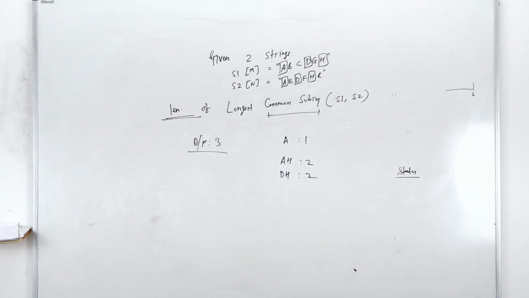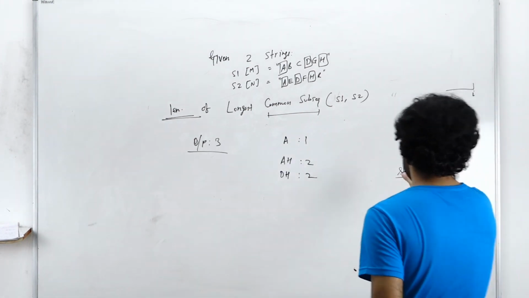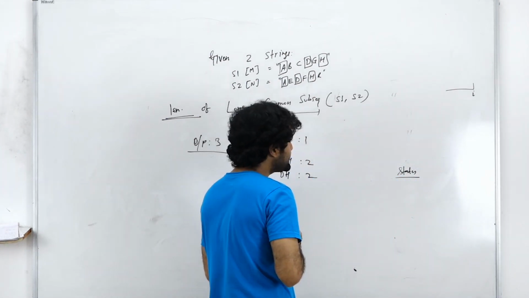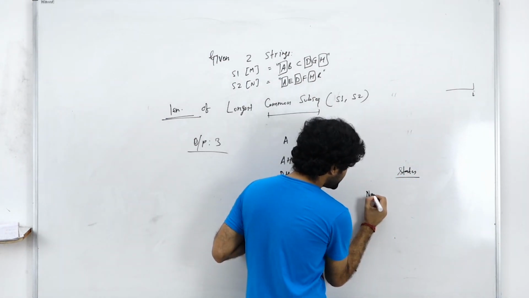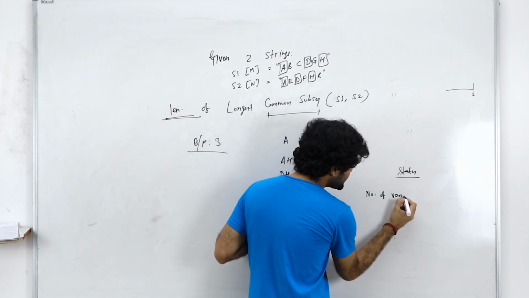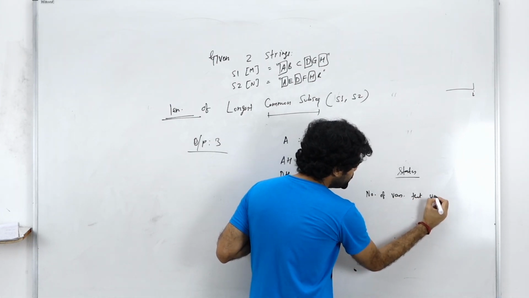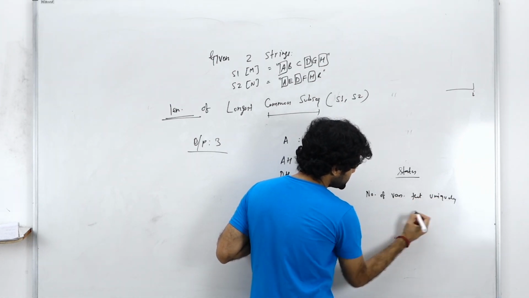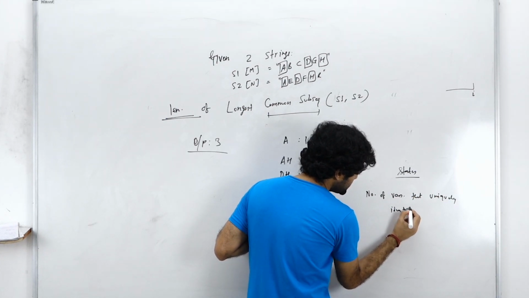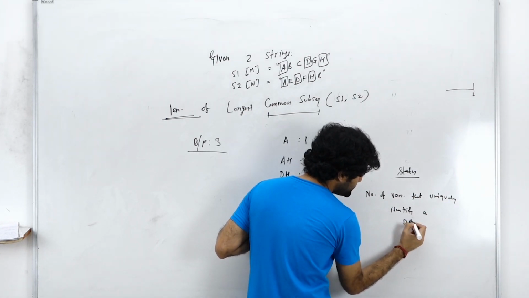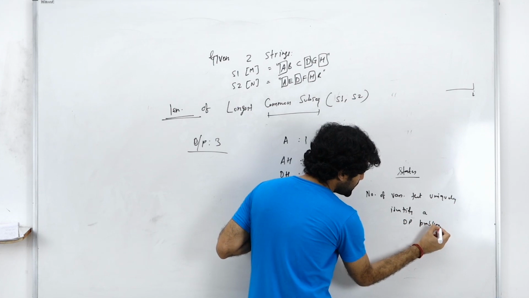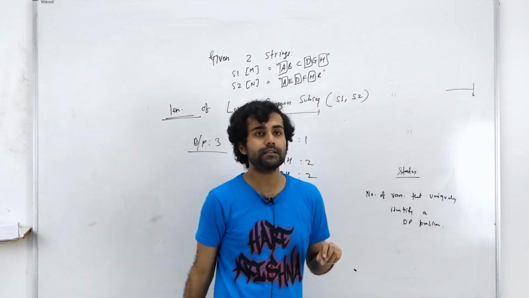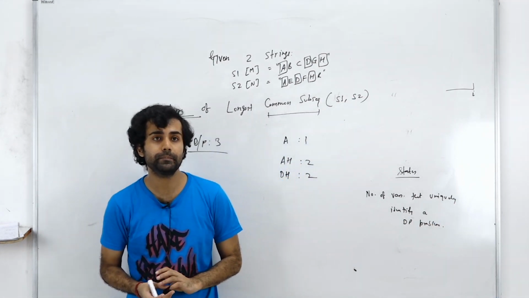This is a very simple concept. State means the number of variables that uniquely identify a DP problem.